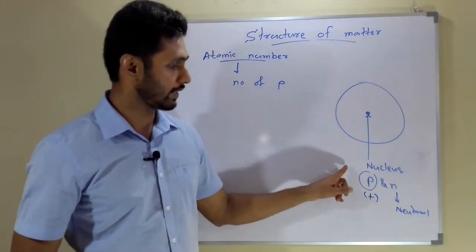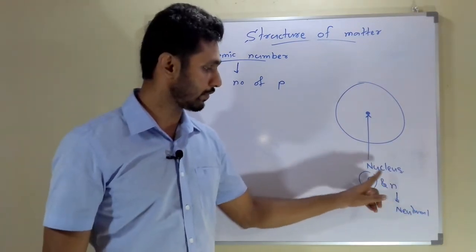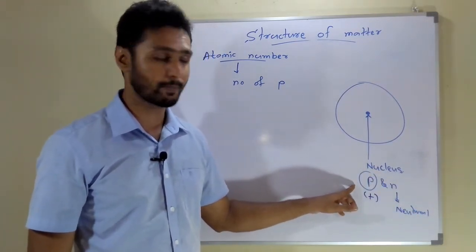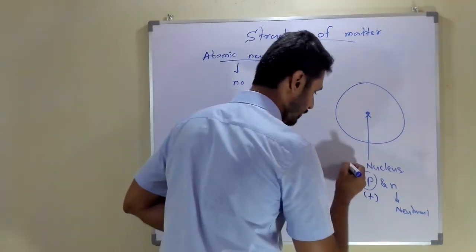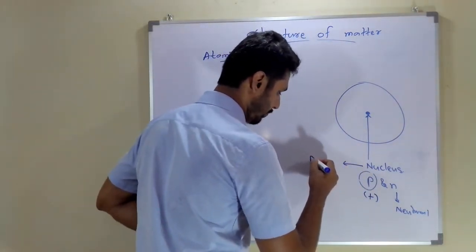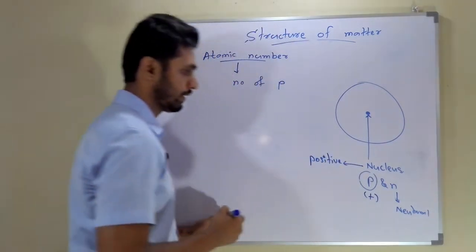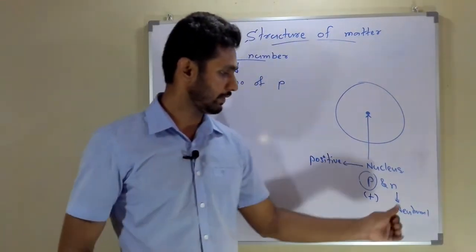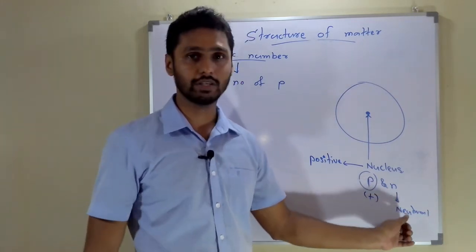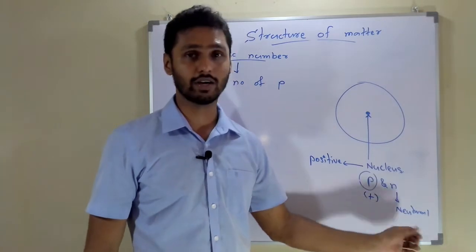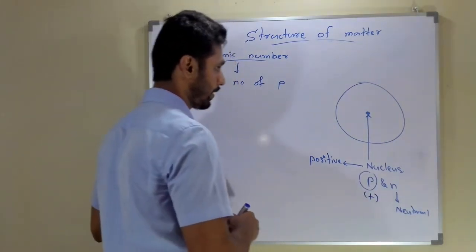You can understand that the nucleus contains protons and neutrons. So, because of the presence of protons, the nucleus should have a positive charge. This nucleus is positively charged. And there is no effect from the neutrons because neutrons are neutral.